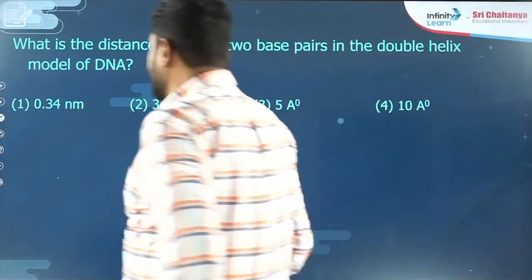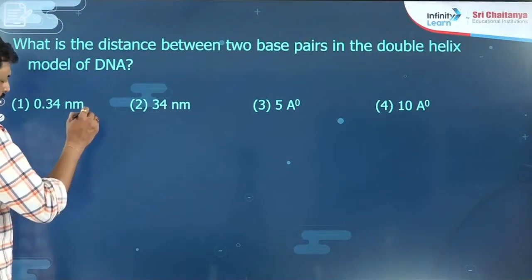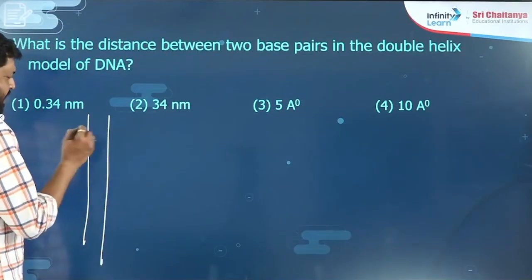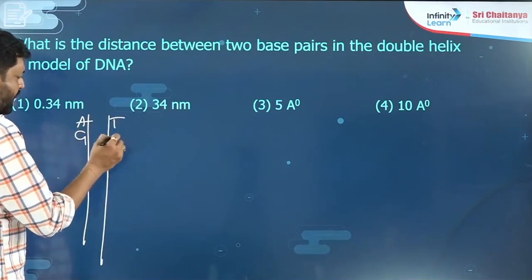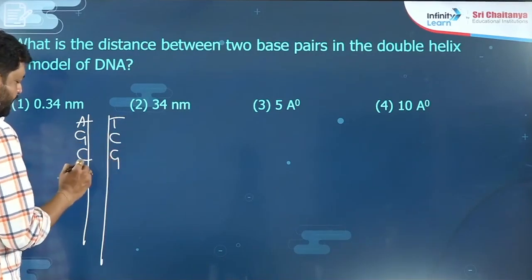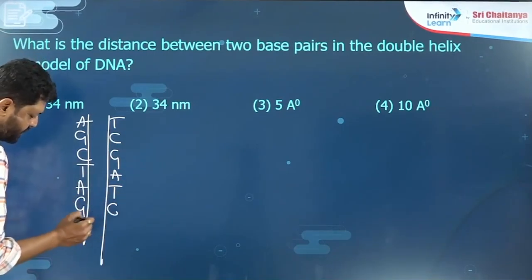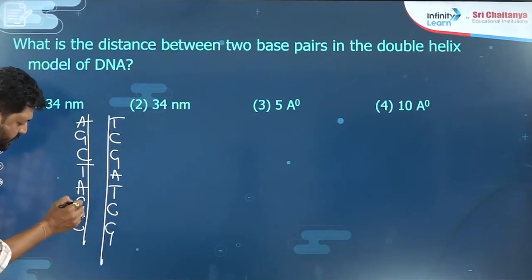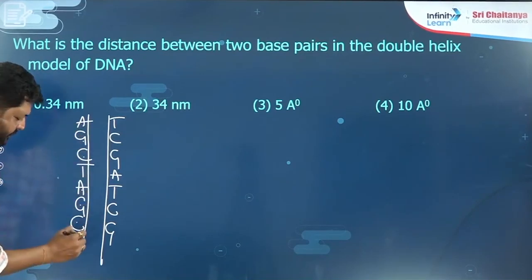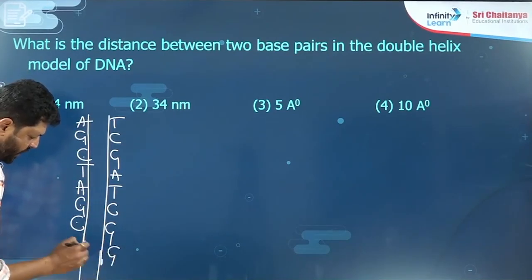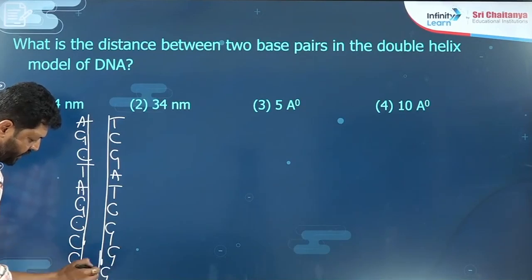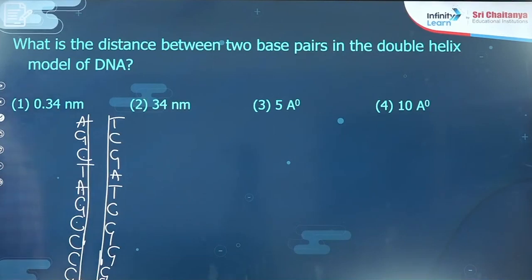And the next question: what is the distance between the two base pairs in a double helical model of DNA? In one double stranded DNA, adenine, thymine, guanine, cytosine, cytosine, guanine, thymine, adenine, adenine, thymine, guanine, cytosine, cytosine, guanine, and so on. This is 10 bases on this side and 10 bases on the other strand, 20 base pairs.